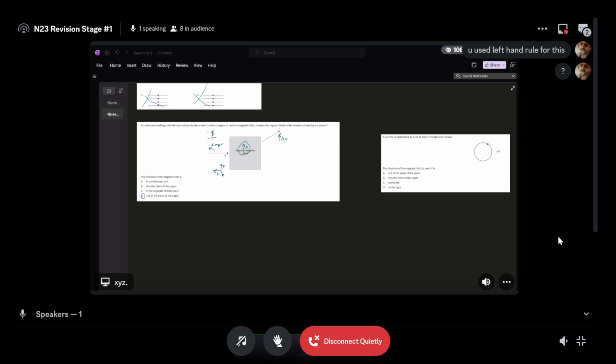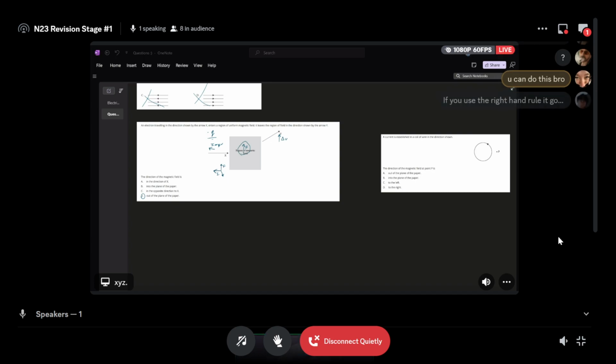I used the cross product rule, whichever hand you normally use. It depends. I use my left hand for this rule, but some people use their right hand. And yeah. If you use the right hand rule incorrectly, it goes into the paper. Remember to look at the charge of the particle.